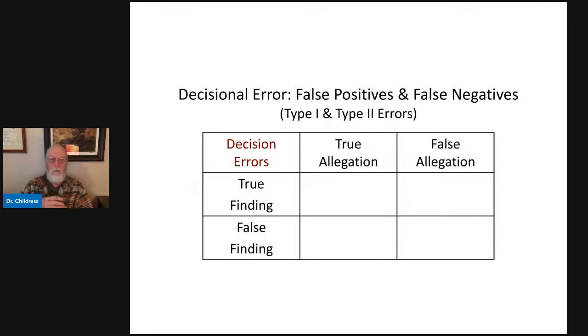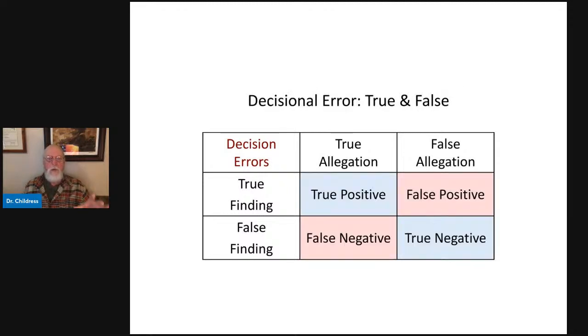And it can be kind of confusing when you encounter this in graduate school. But when we make a decision, there are 4 possible outcomes. It can either be a true allegation or a false allegation, and our findings will either be that it's a true allegation or a false allegation, which creates 4 types of decision.